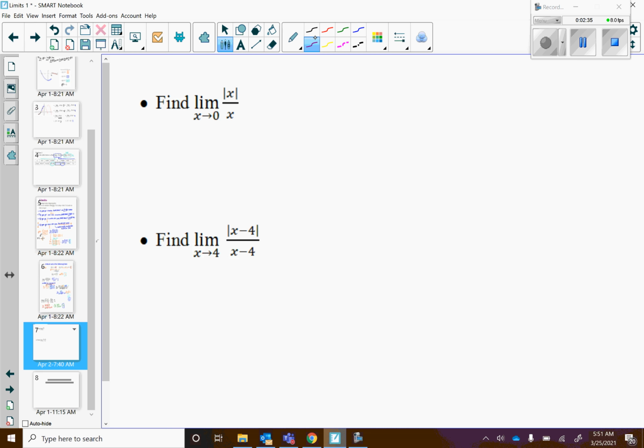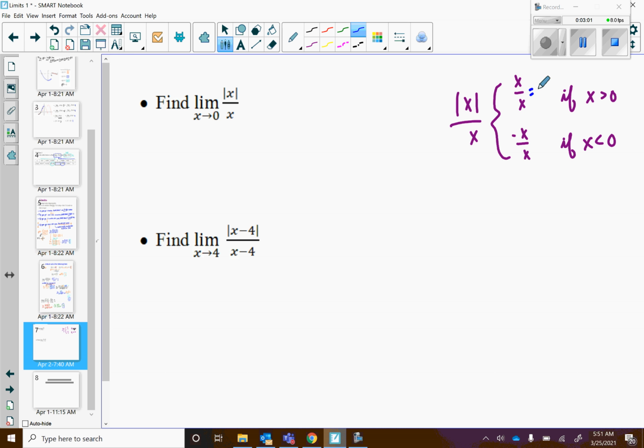And if you remember, for absolute value functions, we're really given two pieces. So this is really the positive version, or x over x, if x is greater than 0, or the opposite of what's inside, negative x over x, if what's inside is less than 0.